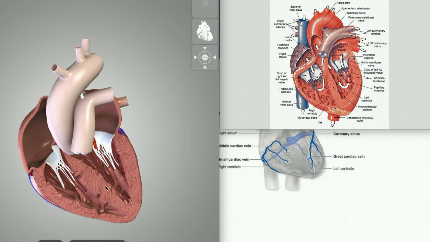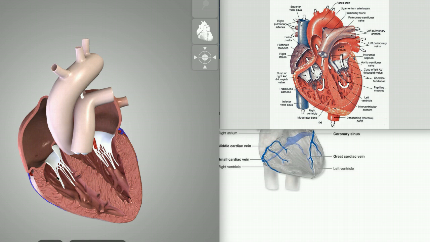Then you have these spongy regions around the bottom here, which are referred to as the trabeculae carneae. Then you have the main valve that controls, almost like a gate mechanism, the flow of blood from one region of the heart to the other.